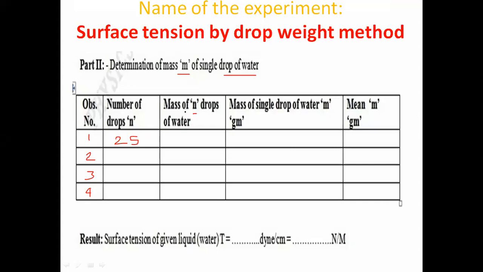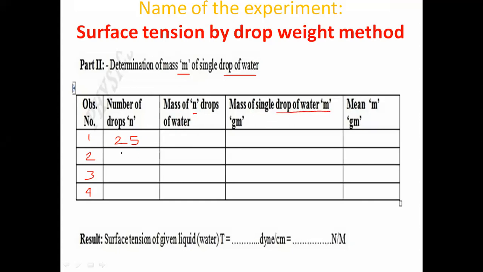Here in our case, n stands for 25 in the first case. So you have to measure the mass of 25 drops which are collected inside the beaker or petri dish. Then, if you take the ratio of these two columns, you can get the mass of a single drop of water, small m.